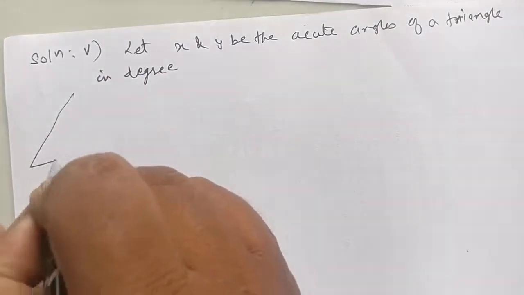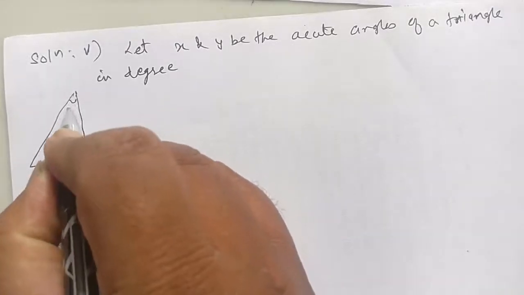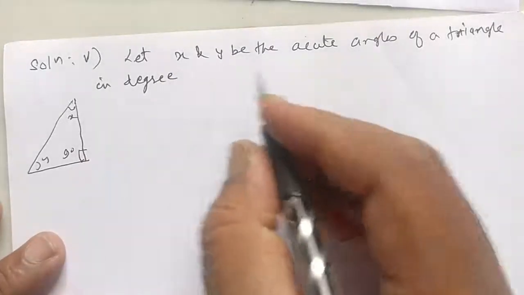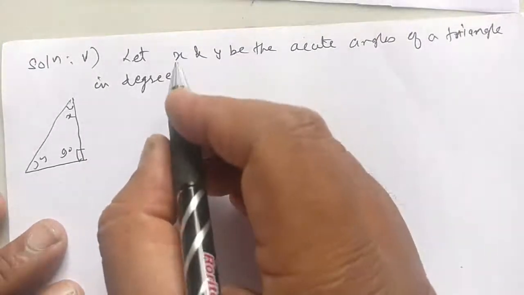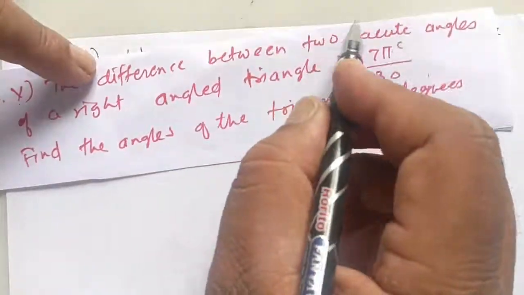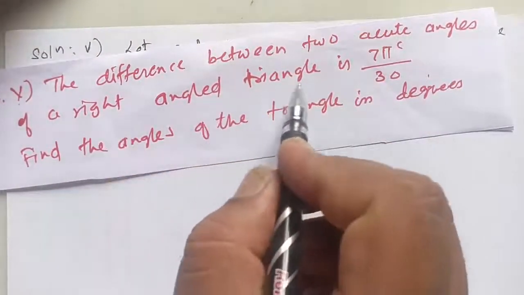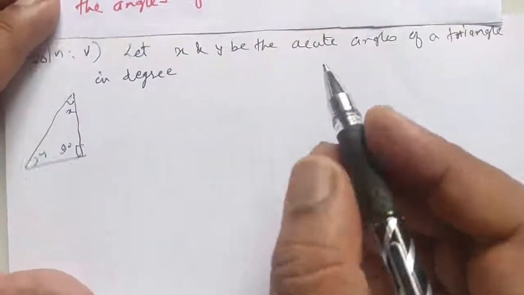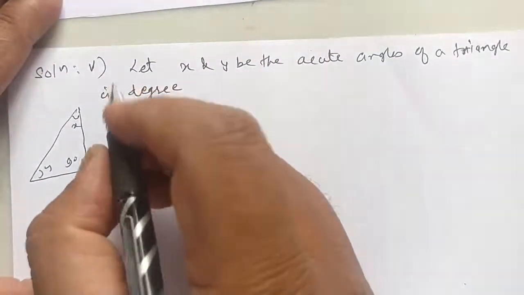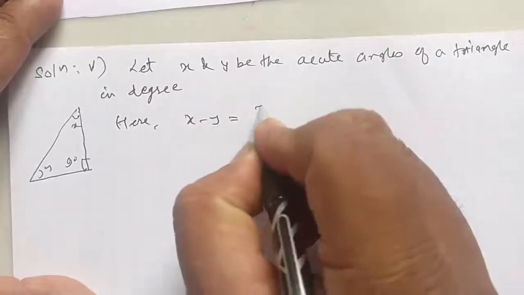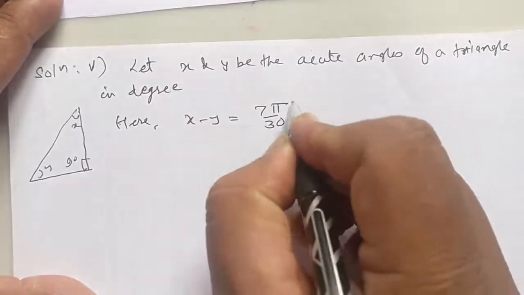So this is a right angle triangle. Here x and y, this is a right angle, 90 degree. What is given? The difference between two acute angles of a right angle triangle is 7 pi by 30 radian. Here x minus y is equal to 7 pi upon 30 radian.